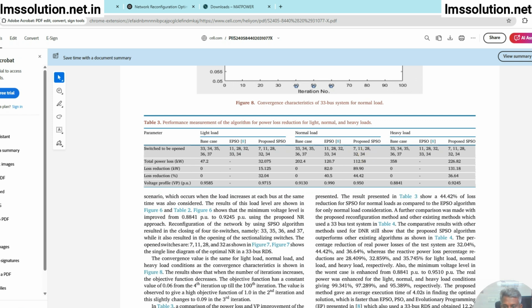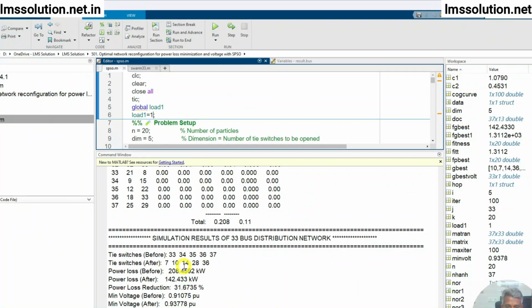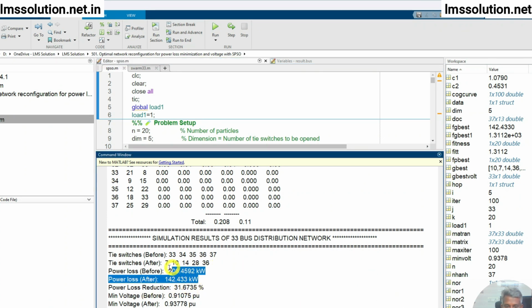We are getting around 7, 10, 14, 28, 36, so you also get this result. You need to reconfigure, that means you have to try this simulation for 50 trials, and then find the optimal result from the 50 trials.